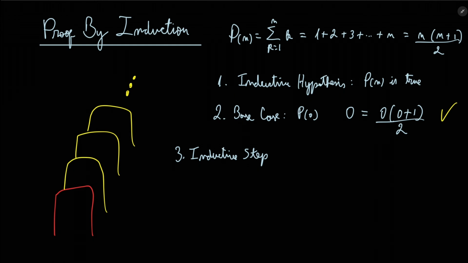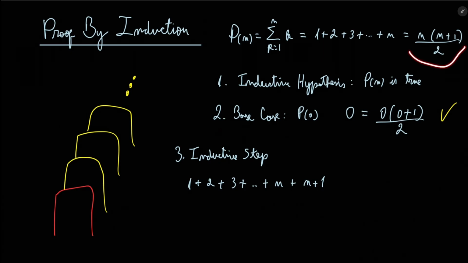Well, P of n plus 1 is the sum of the first n plus 1 numbers. And here's the part where we need a little bit of creativity. We can write the sum of the first n plus 1 numbers as 1 plus 2 plus 3 plus ... plus n plus n plus 1, right? This is just the sum of the first n plus 1 numbers.